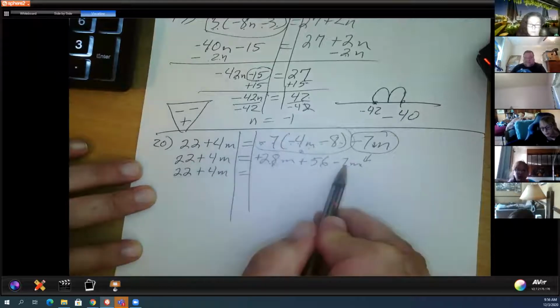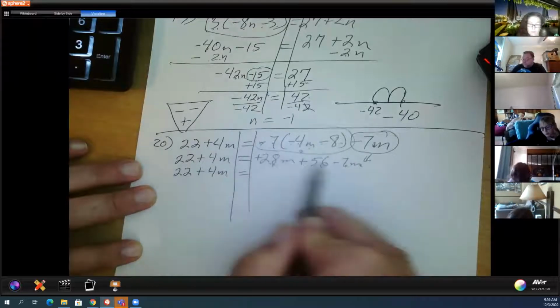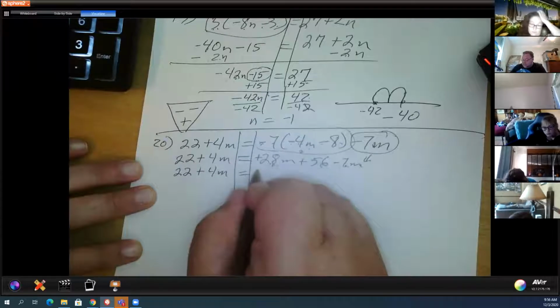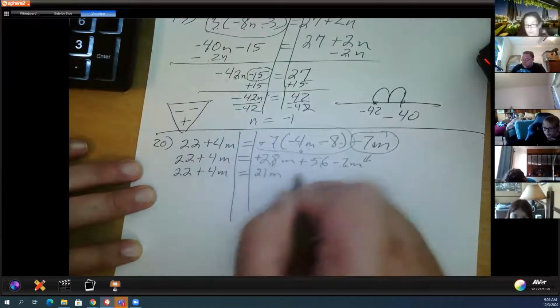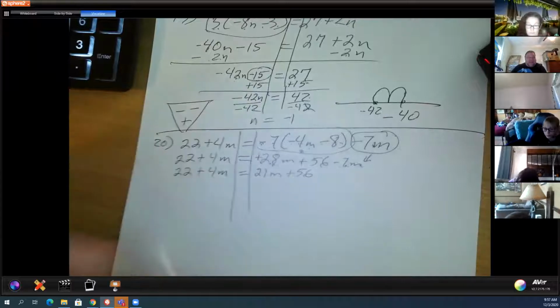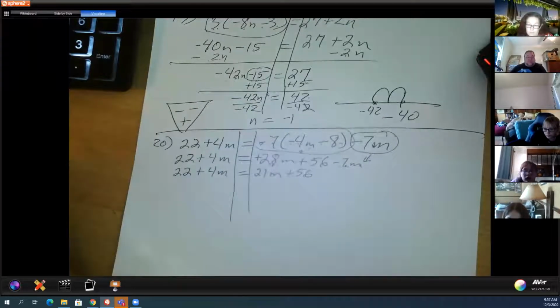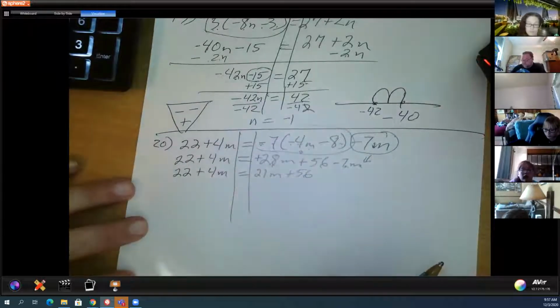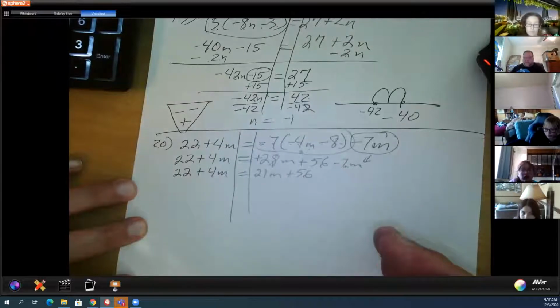28m minus 7m is going to give me 21m, and then my 56 is still there. Okay, now I'm down to that last little bit. This time I'm going to do something a little bit different.